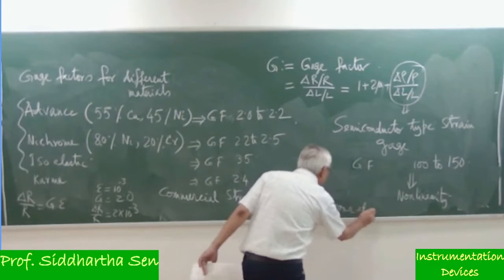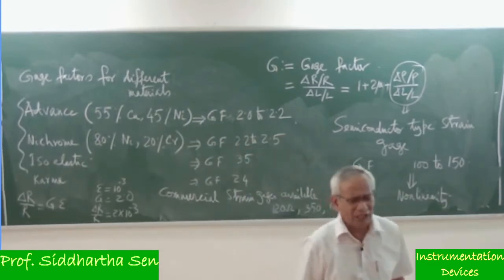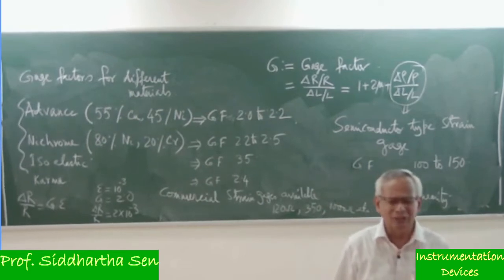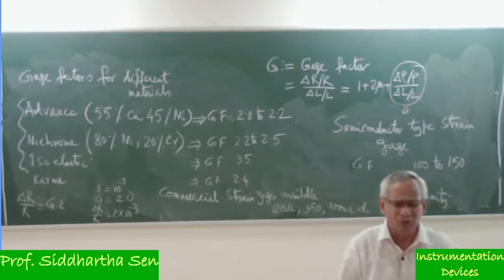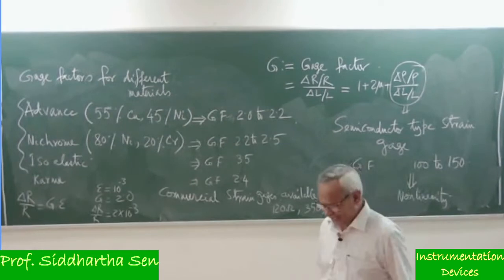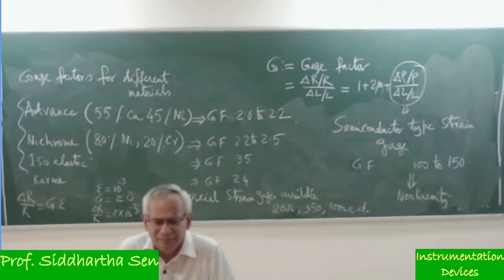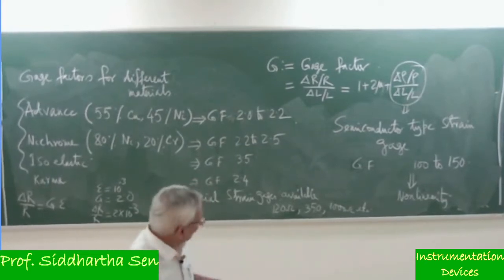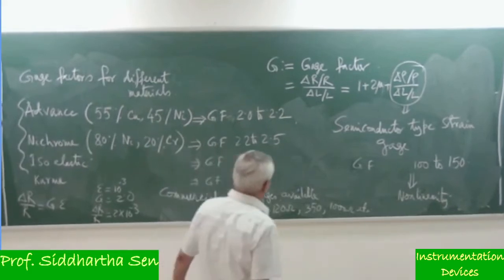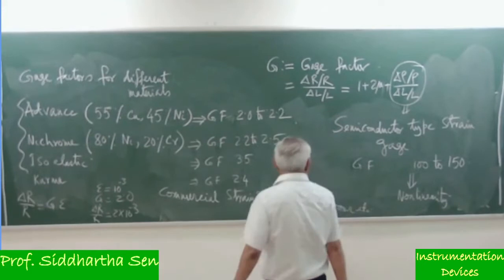So we cannot go to the market and ask for a strain gauge of, say, 180 ohm. Because of ease in manufacturing and standard practice, they make strain gauges of 120 ohm, 350 ohm, 1000 ohm.